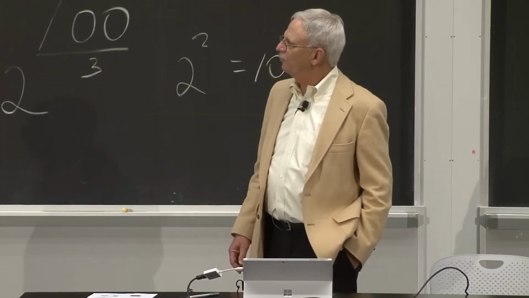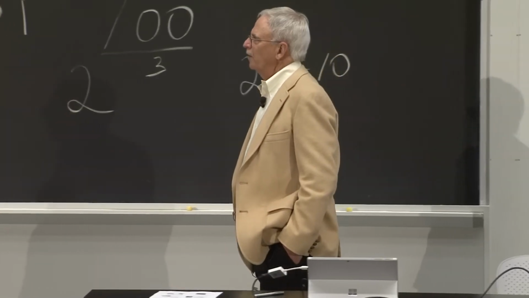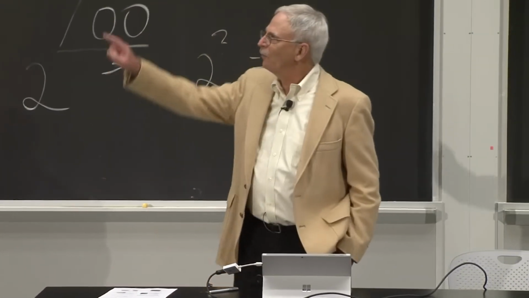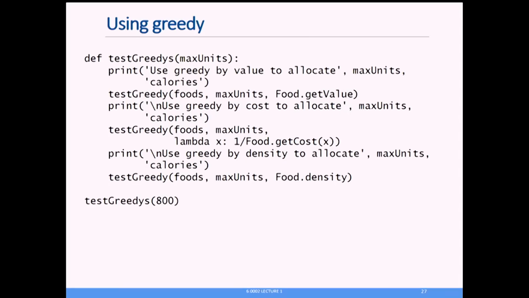I actually think I used 750 in the code, but we can use 800. It doesn't matter. And here's something we haven't seen before. Use greedy by value to allocate calls test greedy with food, maxUnits, and food.getValue. Notice it's passing the function. That's why there are no closed parentheses after it. Use greedy to allocate it. And then we have something pretty interesting.